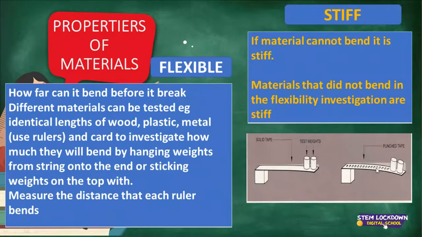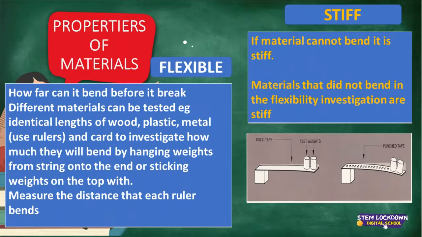It makes it flexible. Like the rubber band is flexible. You can stretch it and you can relax it. Now you come to something like a metal ruler or a rod made from wood. If you pull it or you bend it, and it breaks, then it's not flexible.